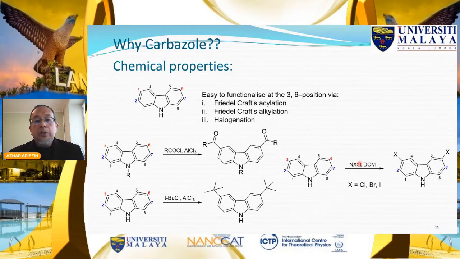You can also easily do halogenation at position 3 and 6 by using N-chlorosuccinimide, N-bromosuccinimide or N-iodosuccinimide in the solvent DCM, dichloromethane. Then you can easily introduce halogen at position 3 and 6 here.